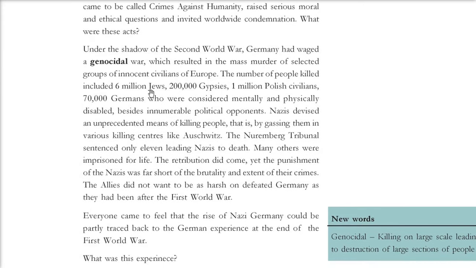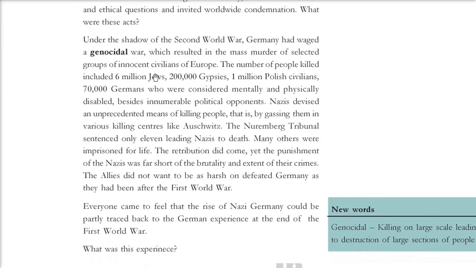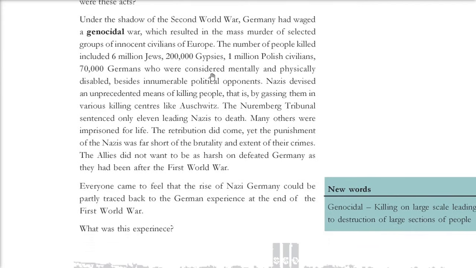And what happened after that is this: under the shadow of the Second World War, Germany had waged a genocidal war, that is, mass murder of selected groups of innocent civilians of Europe. I'm not talking about all the Germans, it is the Nazis we are talking about.